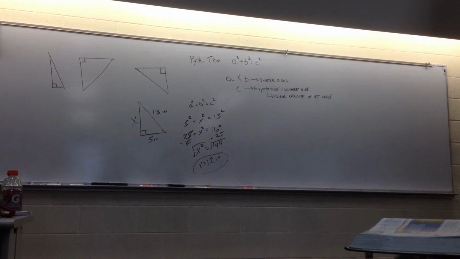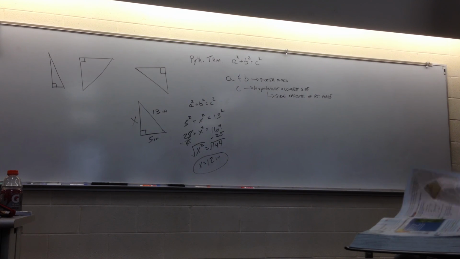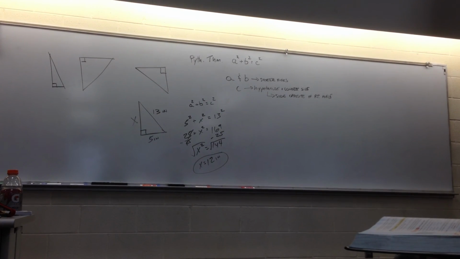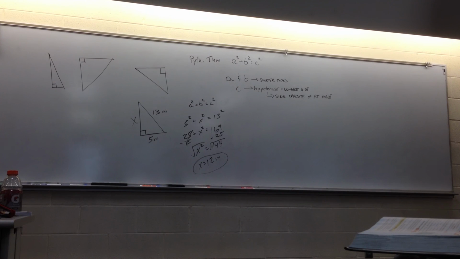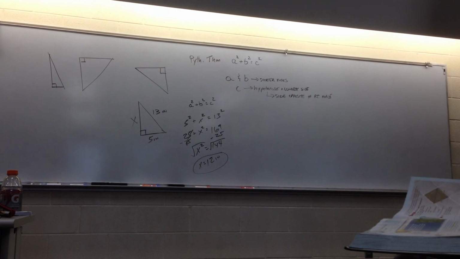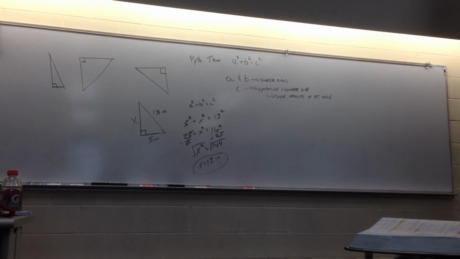Everybody understand that? Now, on the next page, you see another highlighted word called converse. The converse of a conditional simply switches the 2 parts. So if we go back to the first conditional, if an animal is a horse, then it has 4 legs, the converse of that would be, if it has 4 legs, then it is a horse.